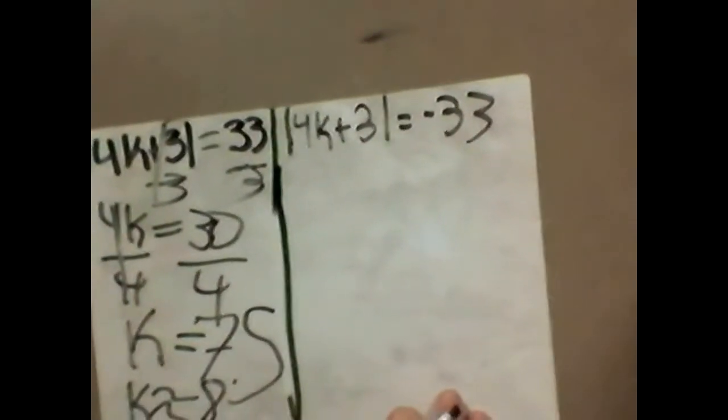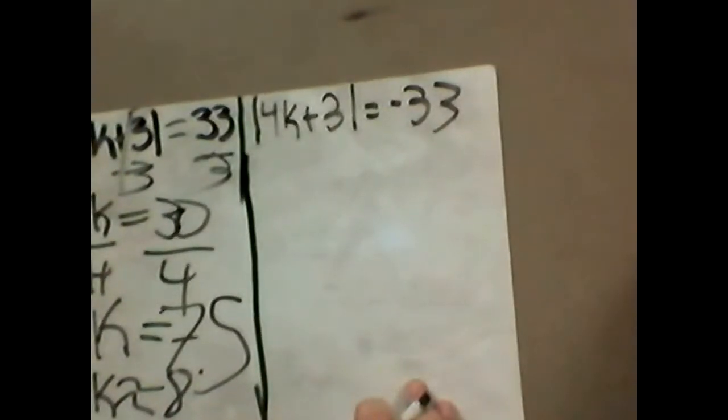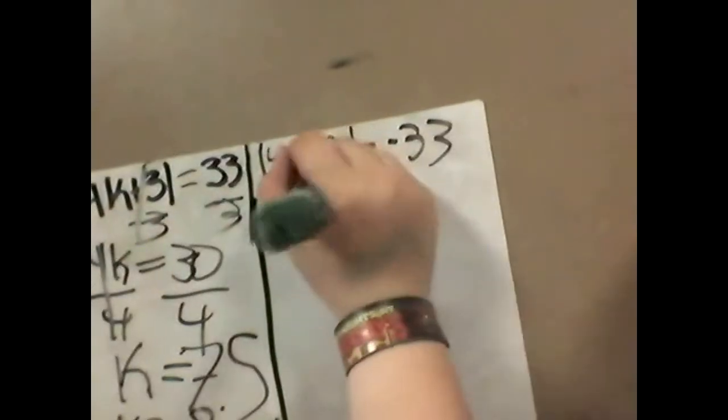You can see I already wrote the second problem here, so I can save you the torture of me writing down the other problem. You basically do the same thing. So it's negative, and subtracting gives negative 36.